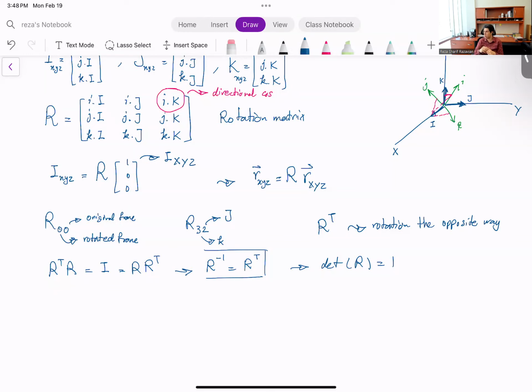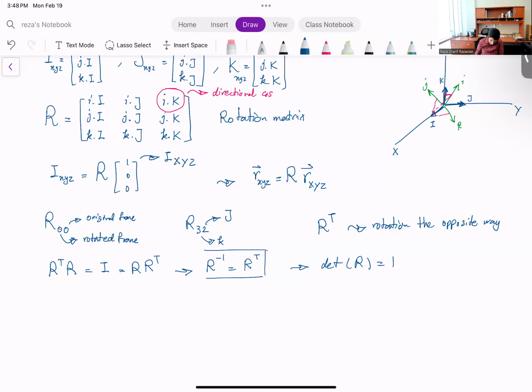Well, it's a little more complicated than that, but the area of any shape will be expanded by the determinant. And because during rotation you don't change the shape of anything, it makes sense that the determinant is 1.